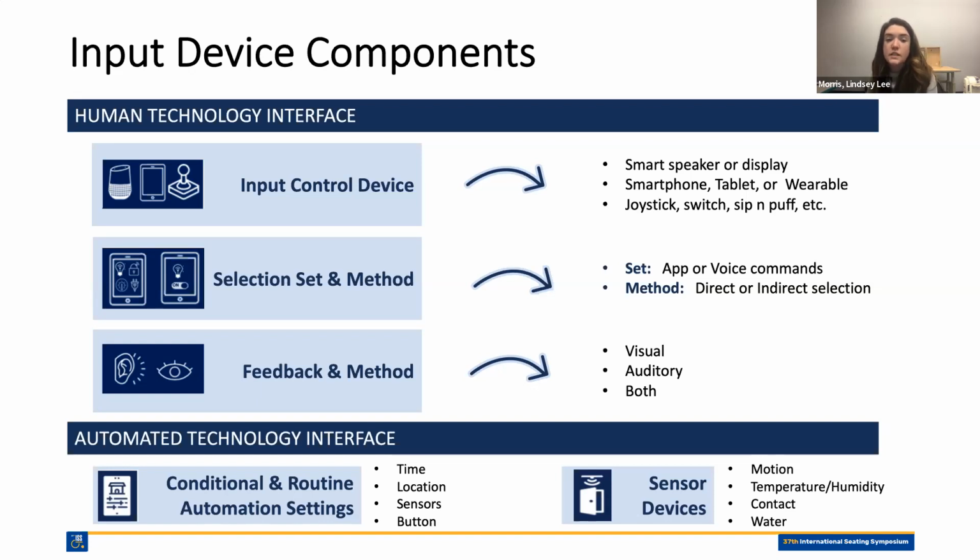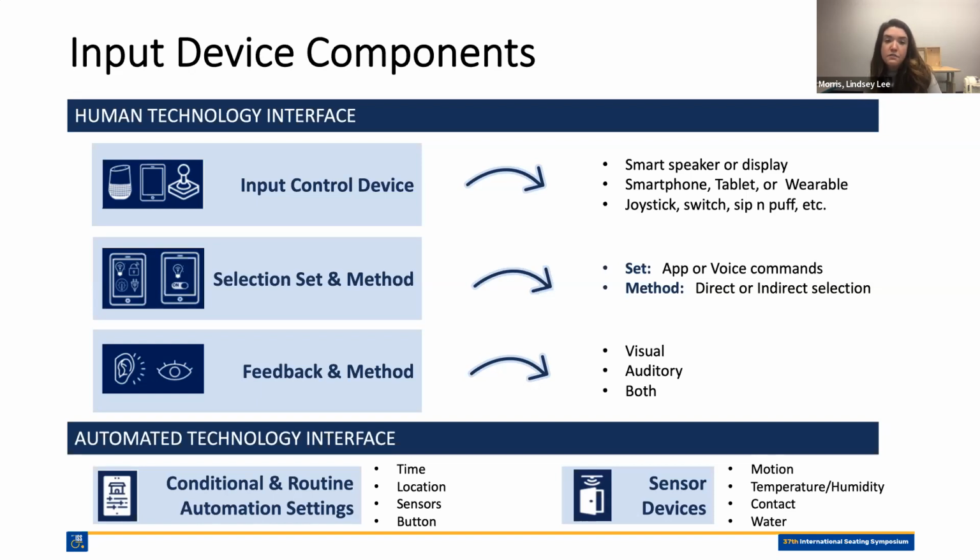The voice assistants are getting a little better at giving you corrective options if you say the wrong command. But the specificity of commands has been something that, in our work with persons with disabilities using smart home technology and from our provider surveys, we've heard can be a little bit challenging. So later on, we'll talk about a couple of different ways that you might be able to address that as well.